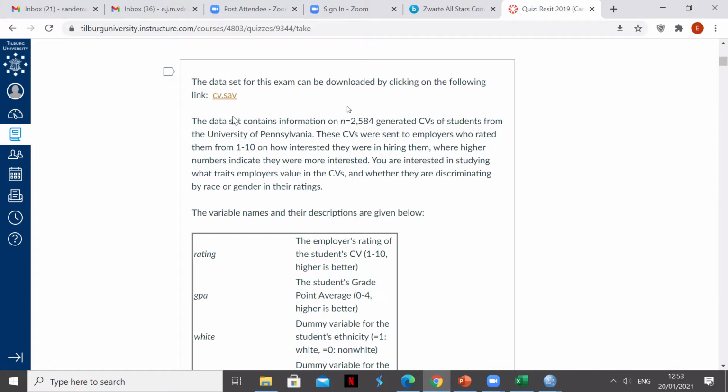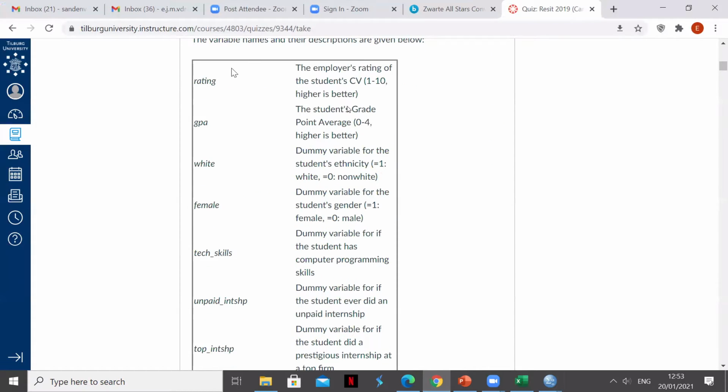So we get a few variables, and we get rating, 1 to 10, GPA, 0 to 4, higher is better, white, dummy variable, 1 if white, 0 if non-white, female, 1 if female, 0 if male.